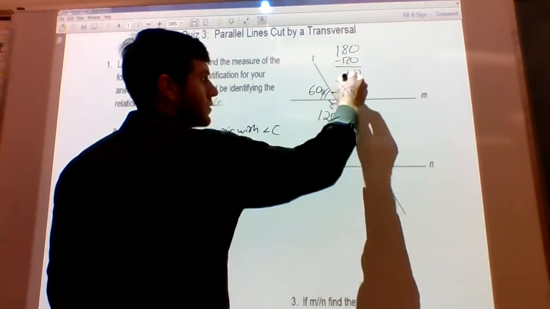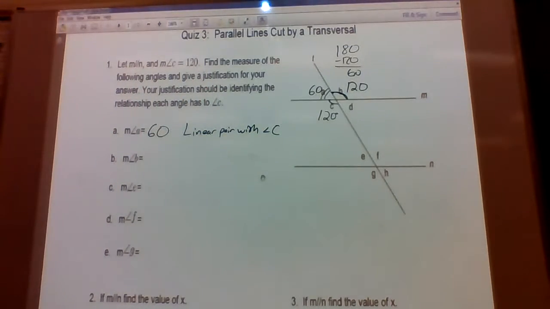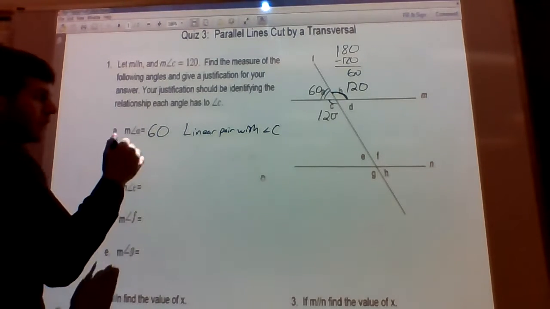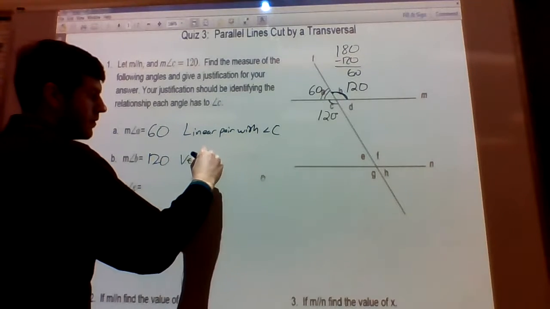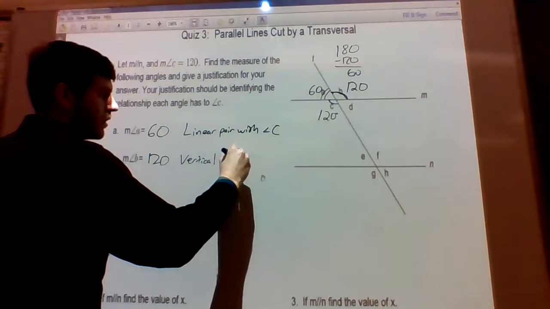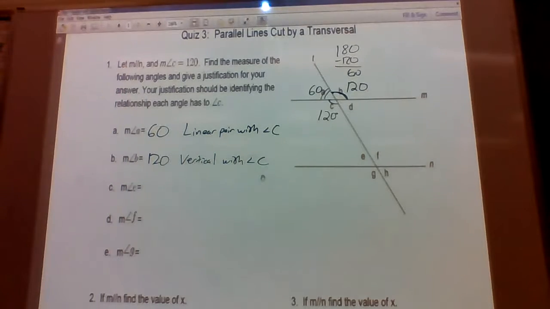Okay, so these are vertical angles. We know by the vertical angle theorem that vertical angles are always congruent. So since we have vertical angles, they're congruent. So the measure of angle B is going to be 120 because it's vertical with angle C. They form vertical angles.